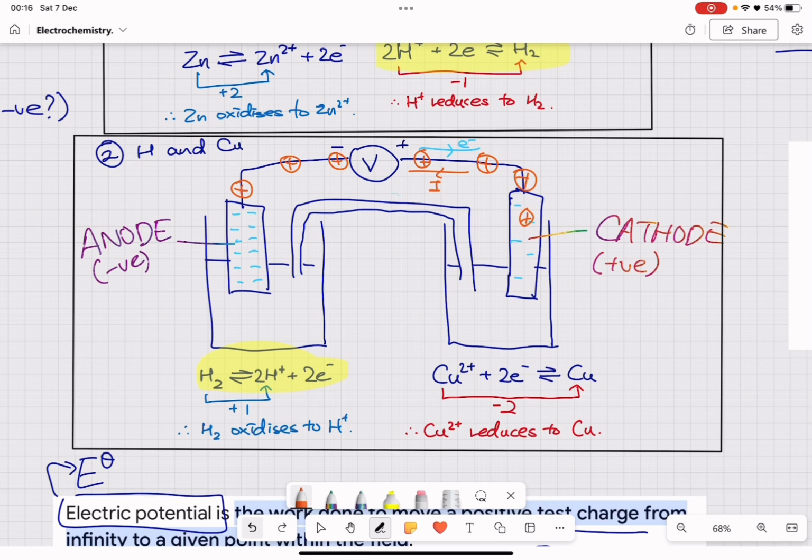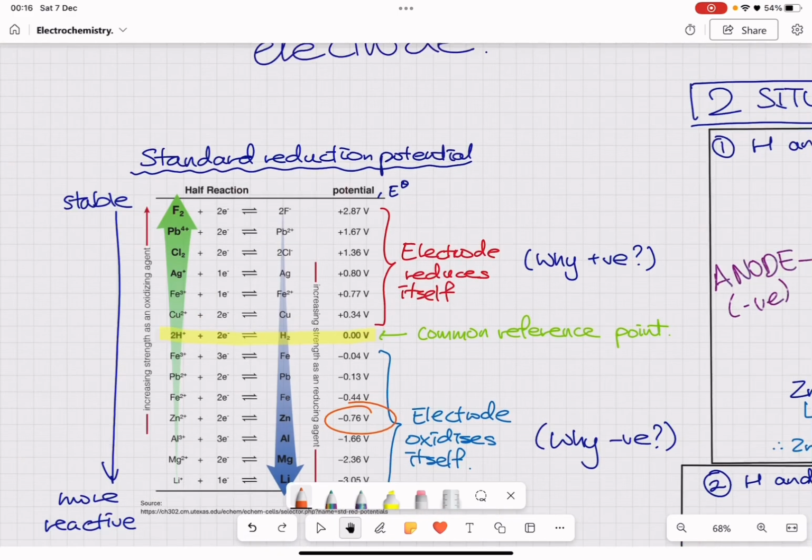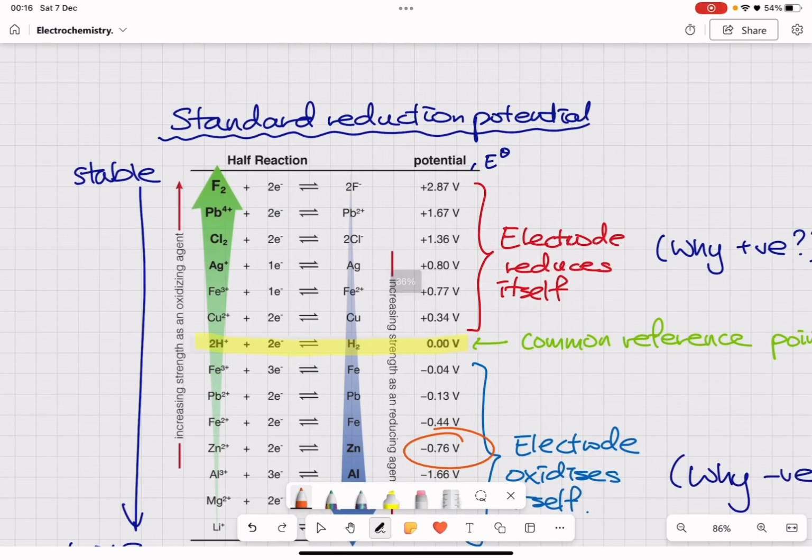So since now the copper electrode is doing some work, the work done will be positive, and hence the potential is also positive. And if you look back here, it does have a positive potential.